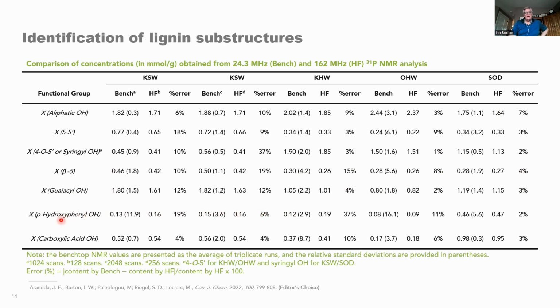But in reality, we observed the same effect between the different labs in the multi-lab round robin study, in that it was very difficult even at high field to get consistent results for p-hydroxyphenyl. So the difference of 19% is actually pretty close to the variance we were getting in the high field results. But when we have higher signal and better signal to noise, we generally get better agreement.